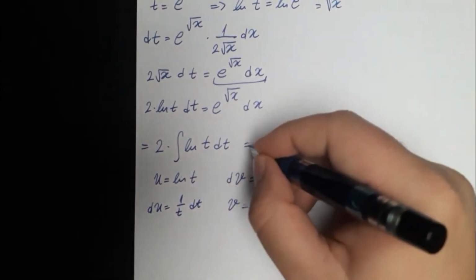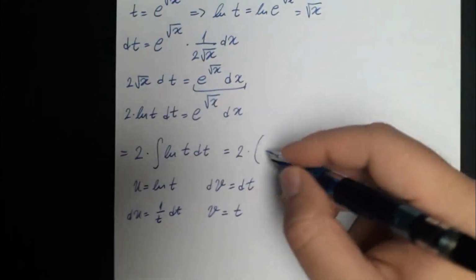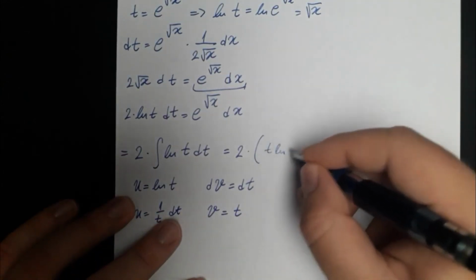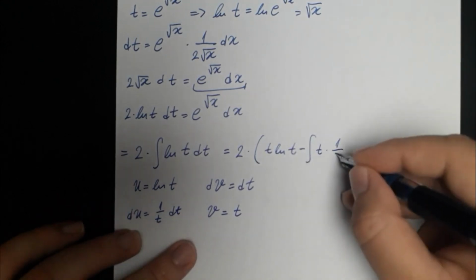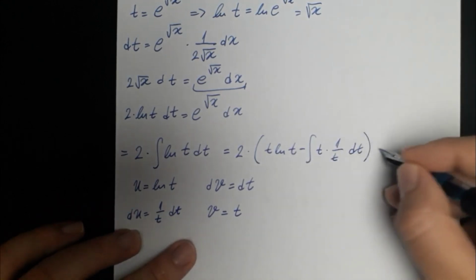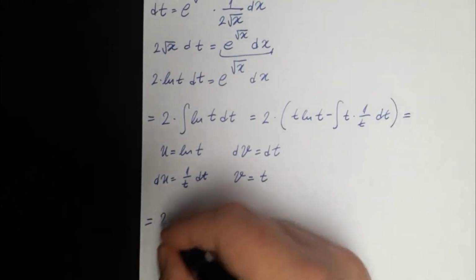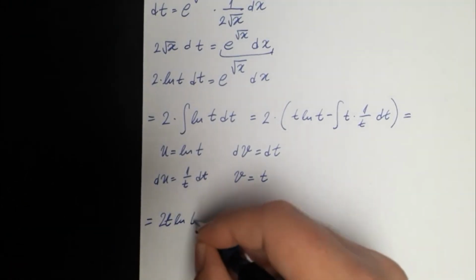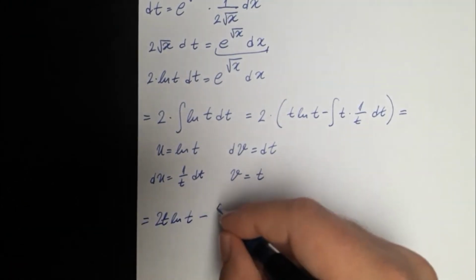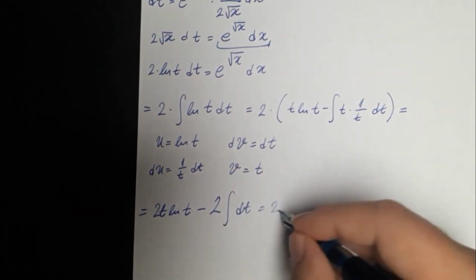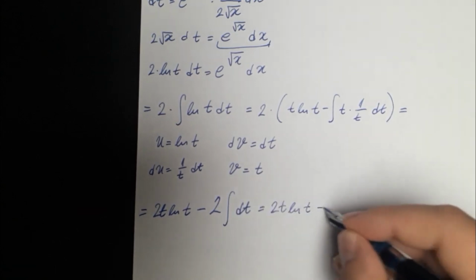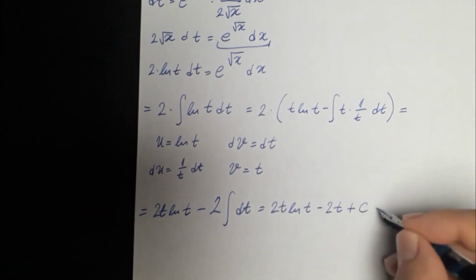So our integral then becomes 2 times t ln t minus an integral t times 1 divided by t dt, which is then equal to 2t ln t minus 2 integrals of dt. That is equal to 2t ln t minus 2t plus c.